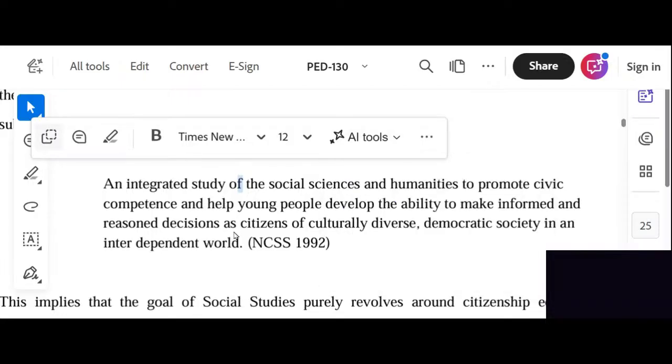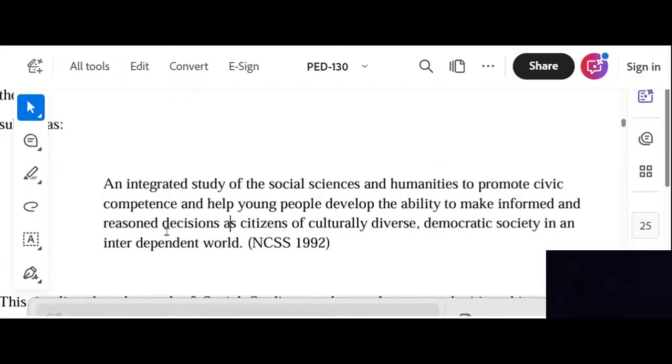Okay, the Americans, what did they say about social studies? An integrated study of the social sciences and humanities to promote civic competence and help young people develop the ability to make informed and reasoned decisions as citizens of culturally diverse democratic society in an interdependent world.